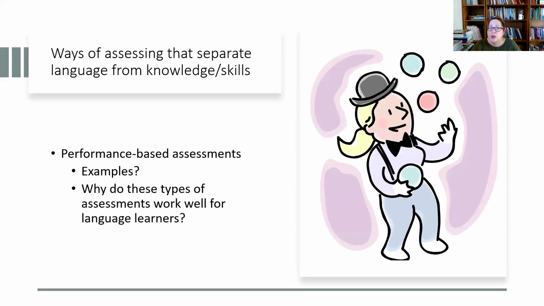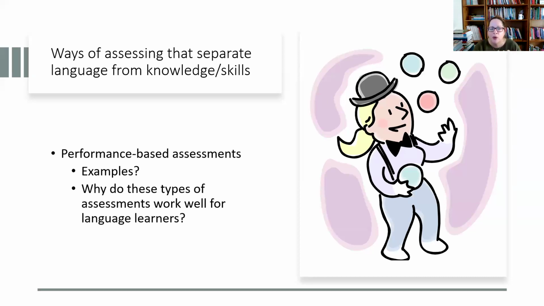So I'm just going to show you some different ways of separating language from knowledge and skills that all fall into formative assessment, in particular to assessment for learning strategies. So performance-based assessments can be really effective. We can have them act things out. We can have them draw things. We can have them create some kind of visual.